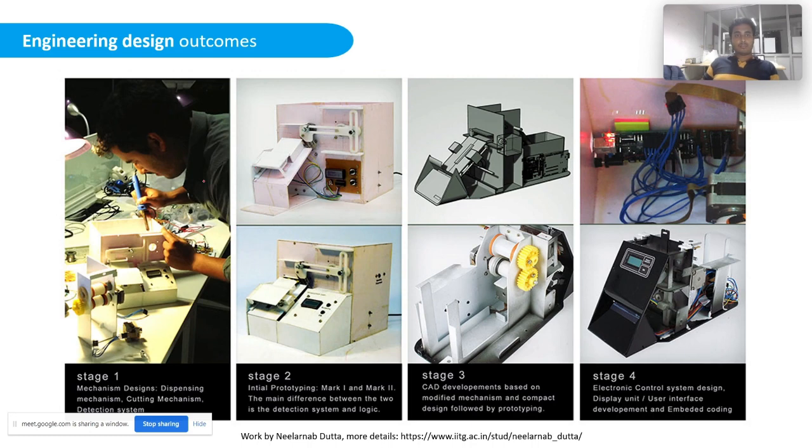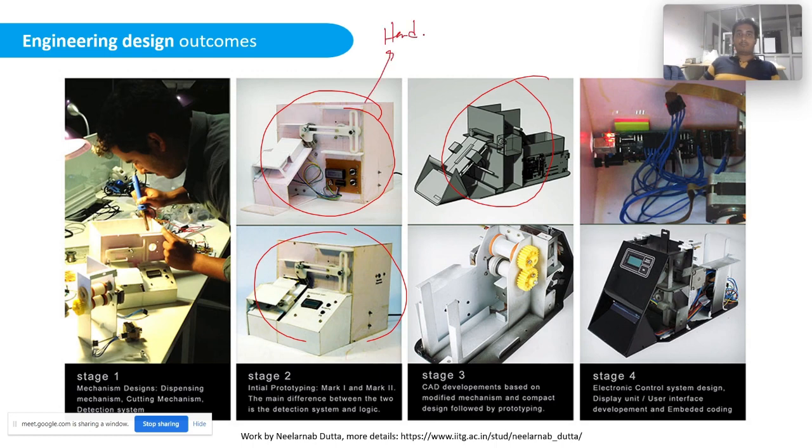So what we have are prototypes that represent the concepts, and we have hand skills involved. Material handling capability depends upon what kind of material we are using. This is a prototype, but in commercial production it could be injection molding, a die, or vacuum forming.